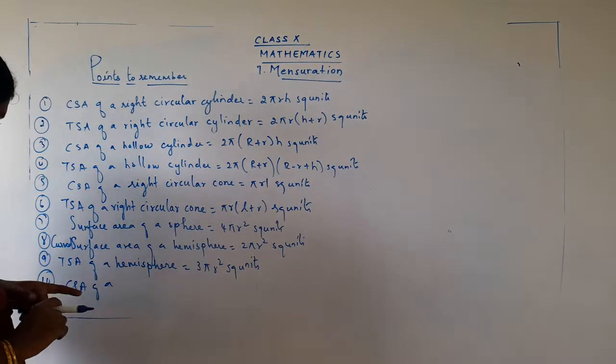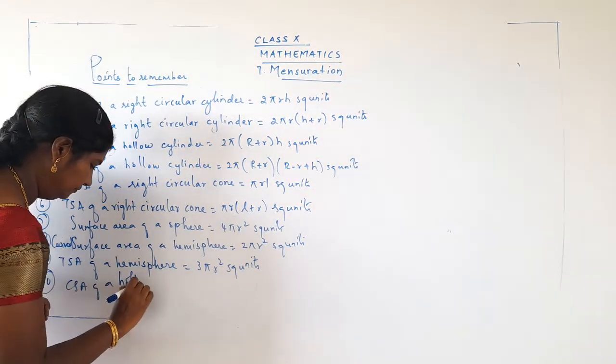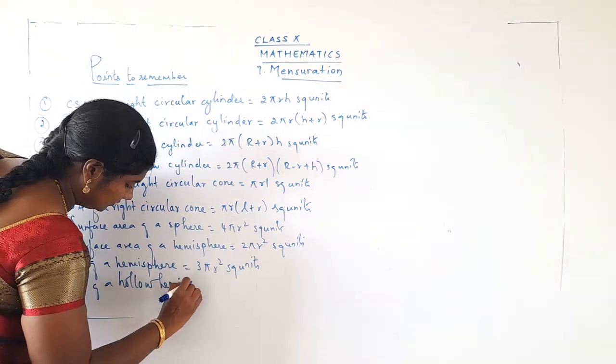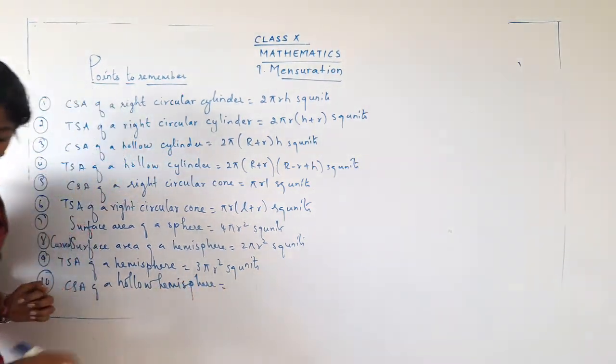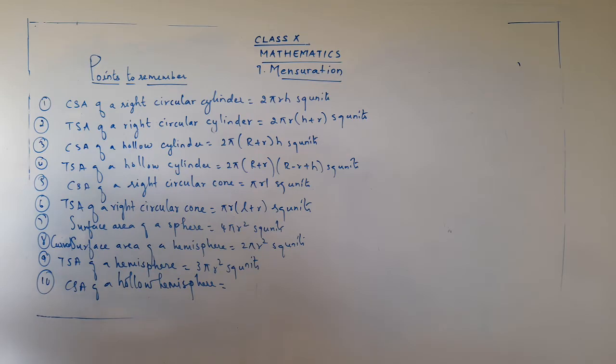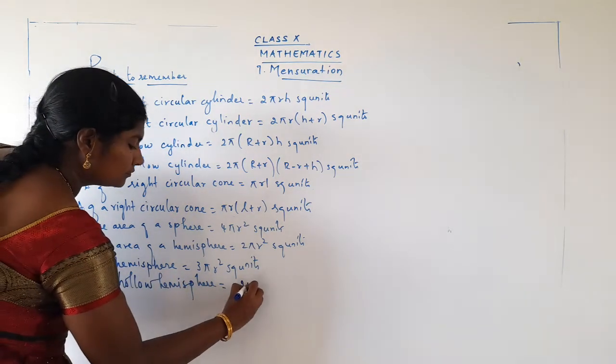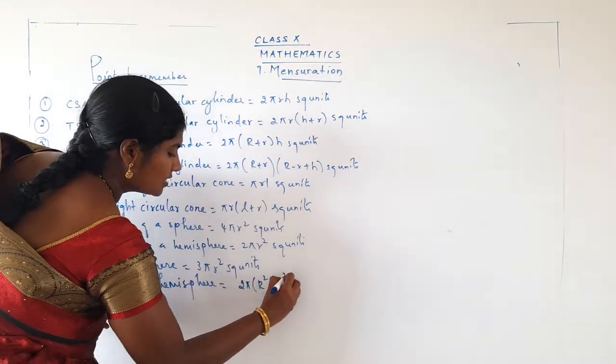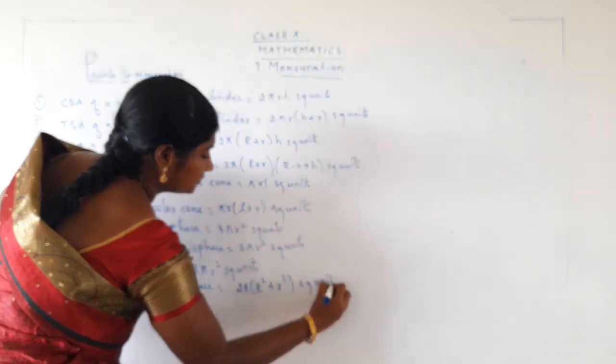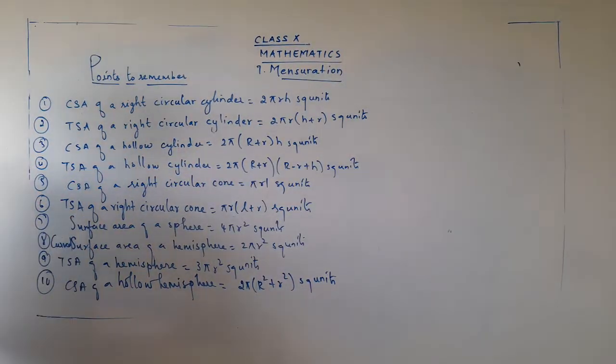So the CSA of a hollow hemisphere is equal to 2 pi into (r square plus r square) units.